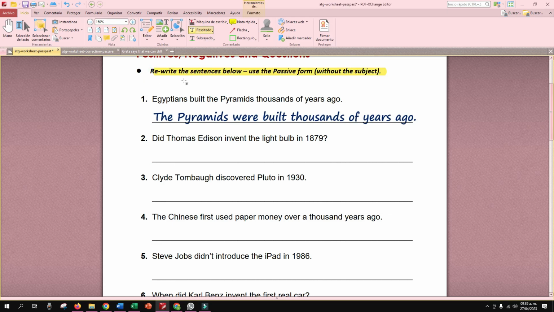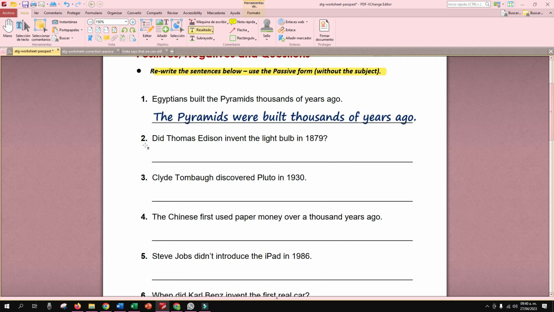Here you have the directions, right? Egyptians built the pyramids thousands of years ago. The pyramids were built thousands of years ago. You don't need to write by the Egyptians, etc.